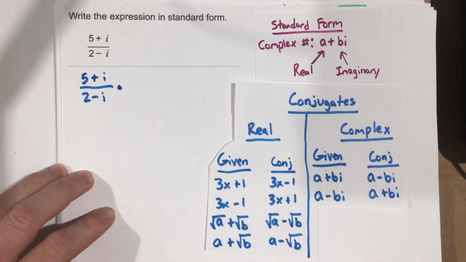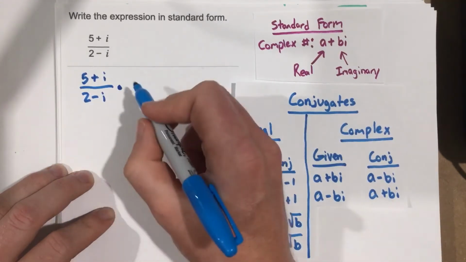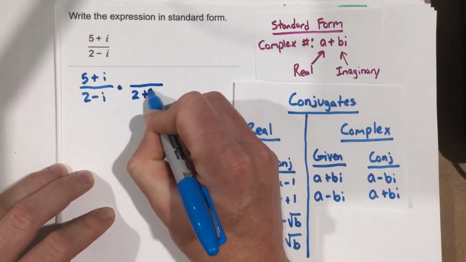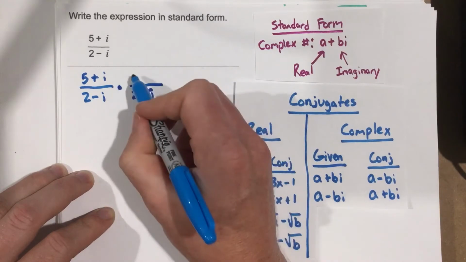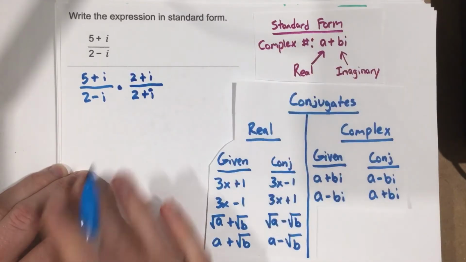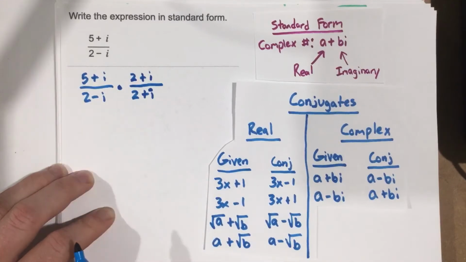Well, the conjugate of the denominator, if we look at a minus bi, is going to be a plus bi, meaning 2 plus i. So I'm going to multiply the bottom by 2 plus i, but I don't want to change this problem, so I have to multiply the top by 2 plus i, because we know 2 plus i over 2 plus i is just 1, so it doesn't actually change that fraction.